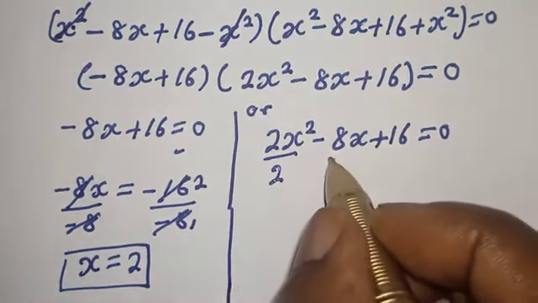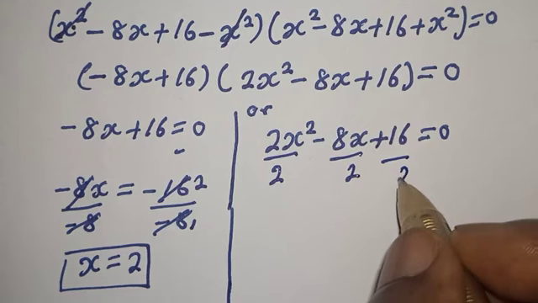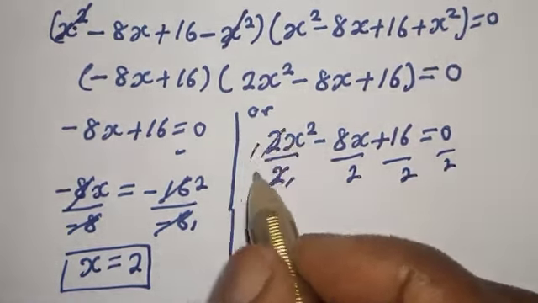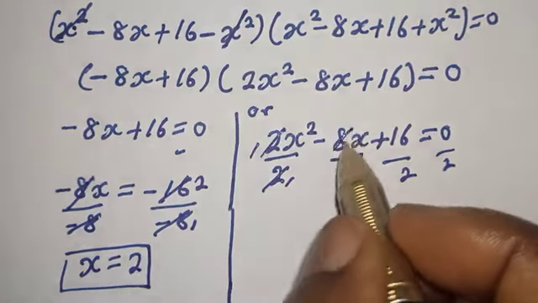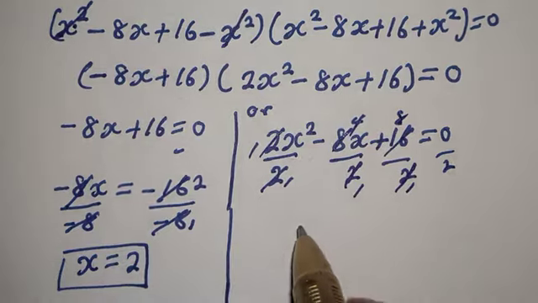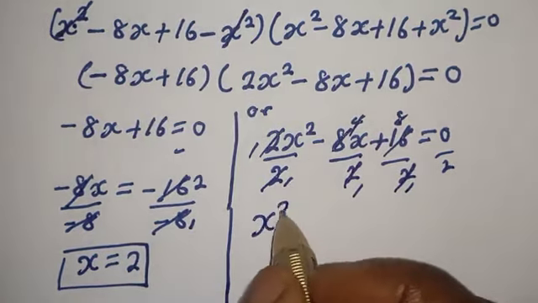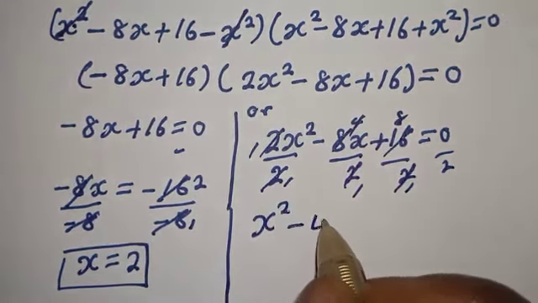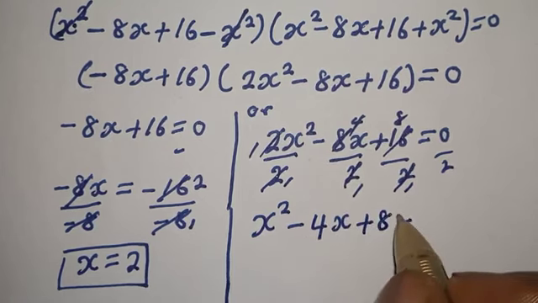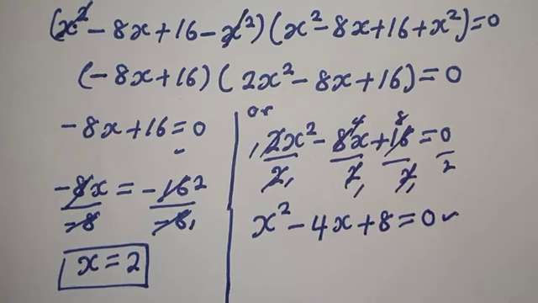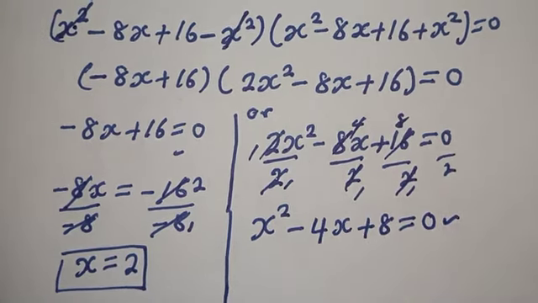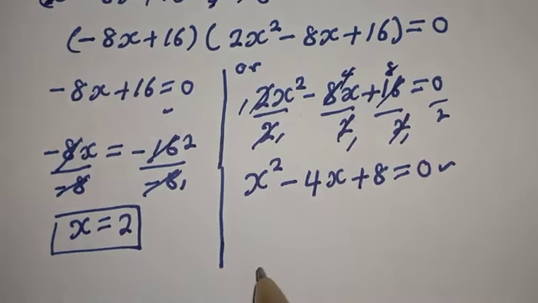So this is s^2 minus 4s plus 8 is equal to 0. This is a quadratic equation in its reduced form, and this can be solved using the quadratic general formula.